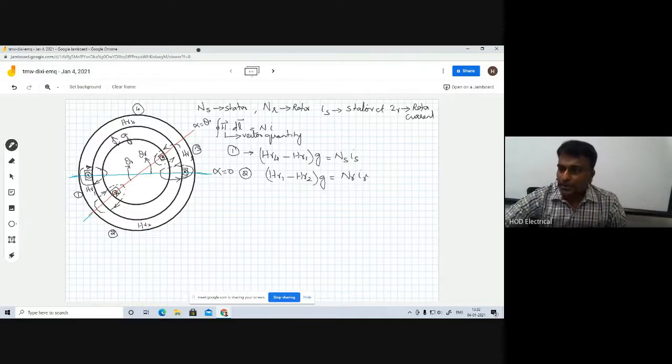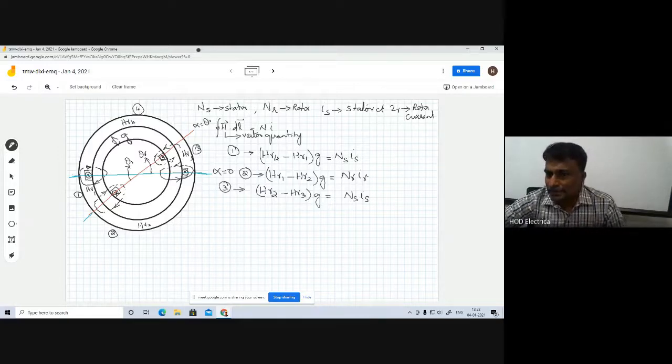Then the third contour: here HR2 is entering towards this left to right, and HR3 is towards right to left. So we can write HR2 minus HR3 in the air gap is equal to, which one is excited? Stator is excited. Therefore, NS into IS.